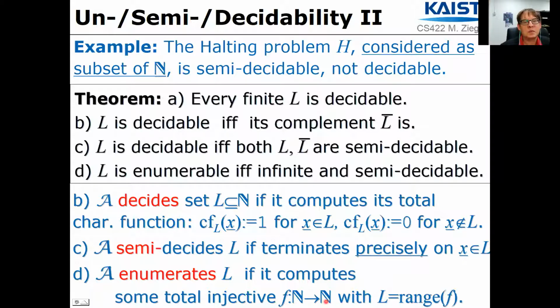Second case, our algorithm B receives as argument X, which does not belong to L. In this case, it will keep simulating algorithm A on all possible arguments 0, 1, 2, 3, and thus produce many different values, but none of them will coincide with X because we're just talking about the case where X does not belong to the range of the function.